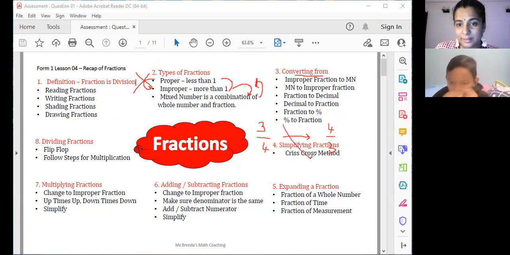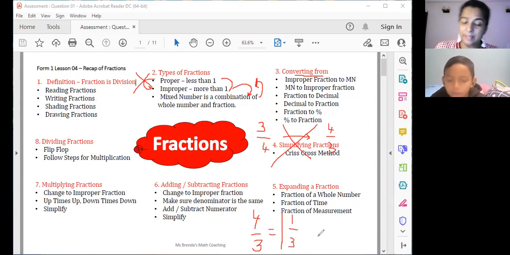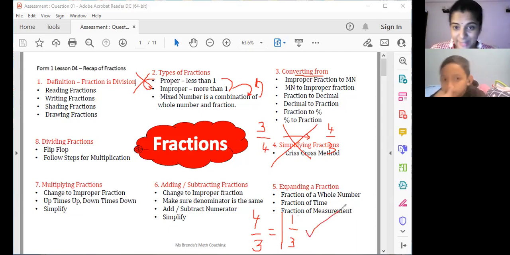Nope, it doesn't work like that. 4 over 3, which is an improper fraction, can convert to become 1 and 1 over 3. And in the following lessons, when you already have your calculator, we will then learn how to use the scientific calculator with fractions. But for today's lesson, you use your brains.